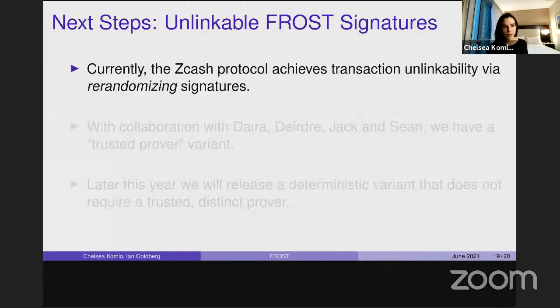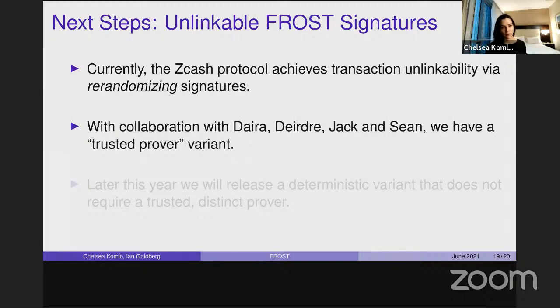I guess just quickly about some next steps in terms of how FROST fits into the larger Zcash protocol. As you know, the Zcash protocol achieves transaction unlinkability by re-randomization. And so we're essentially re-randomizing keys so that signatures can be unlinkable.